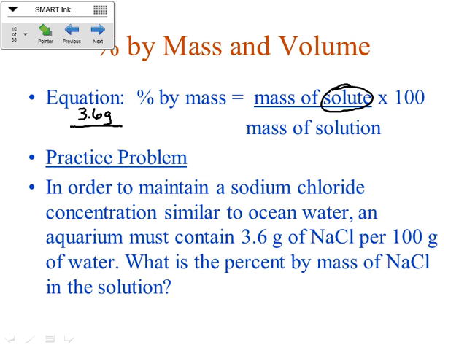What's the mass of our solution? 103.6, because the solution is the solute and the solvent put together. See the trick there? So 103.6 grams, and then you multiply that by 100. You can label this as grams of NaCl up here, and this one would be the grams of salt water, because it's the entire solution.